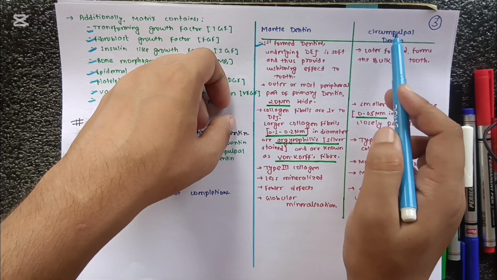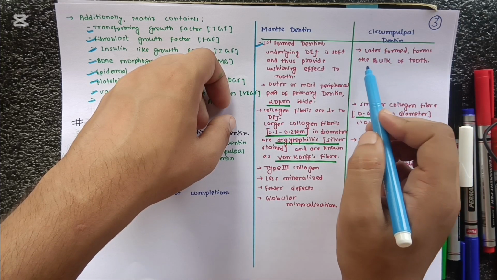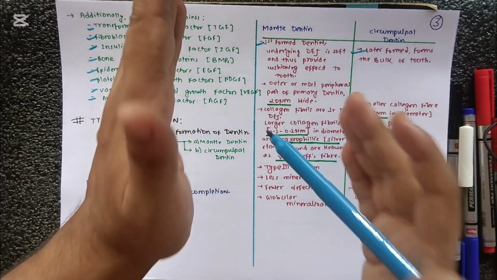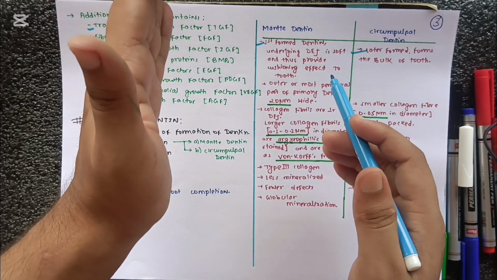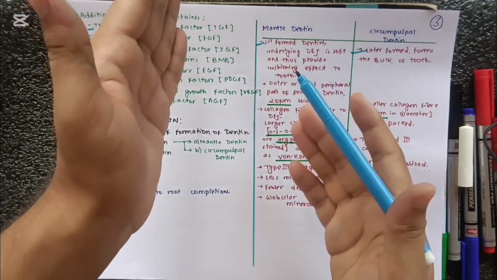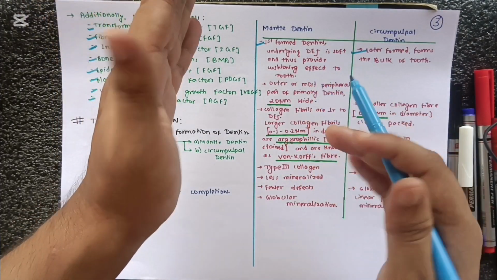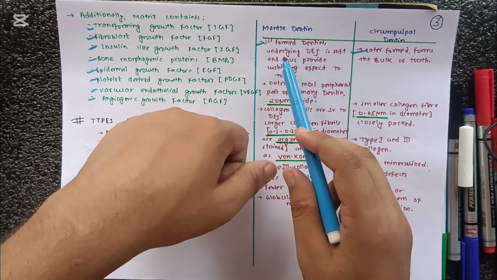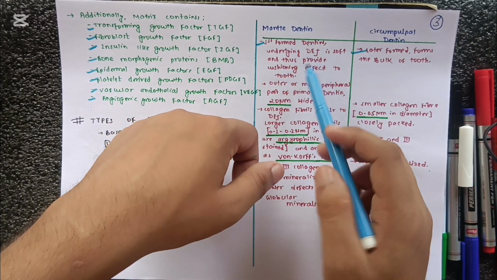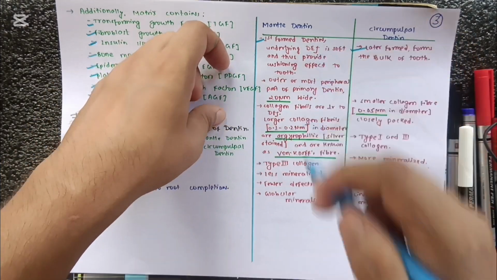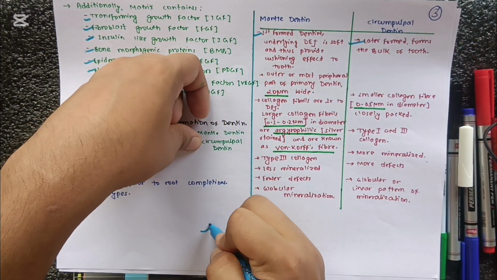And the circumpulpal dentin is later formed and forms the bulk of the tooth. So mantle dentin is the first formed dentin, we can say the first formed primary dentin, or the first formed overall dentin itself. It is underlying the dentino-enamel junction, just below it. Just think, as I will draw one picture.